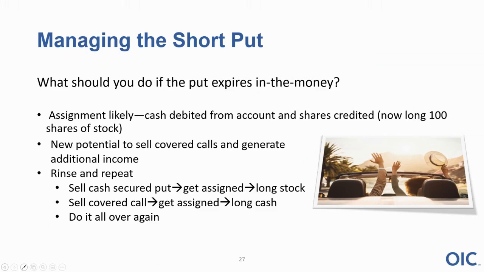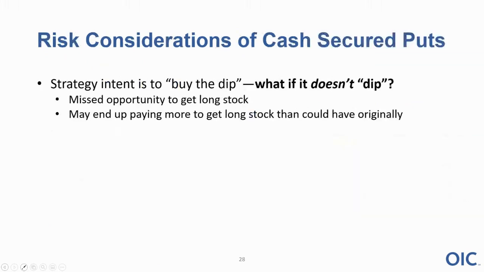And with luck, we'll generate some pretty nice and consistent returns. So the cash secured put and the covered call as alternate strategies is definitely a favorite of income-seeking investors. And again, one of the great things I love about the strategy.